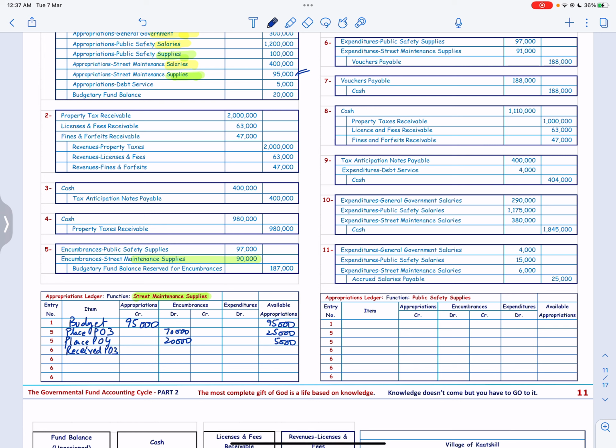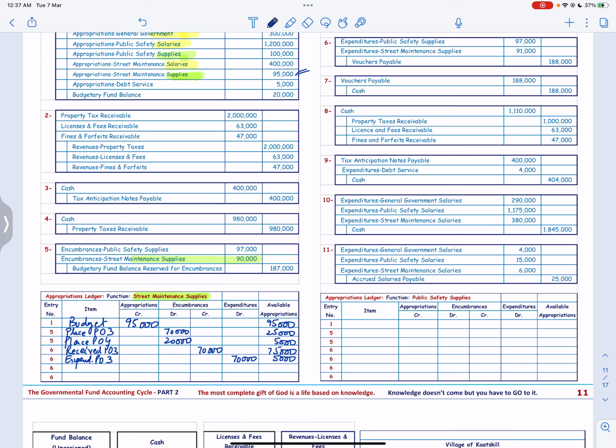When we receive purchase order number 3, the amount is going to be reversed for encumbrance, that is 70, and now the total becomes 75. Then once we receive, obviously this is going to be recorded as an expenditure, so we expend purchase order number 3, an expenditure of 70,000, and this gives us a balance of 5,000.